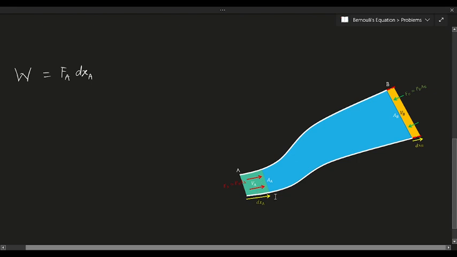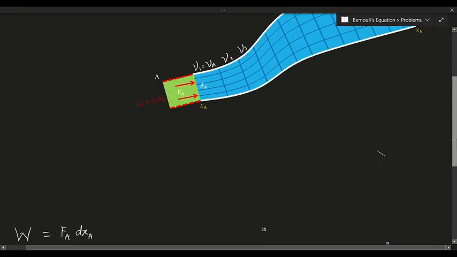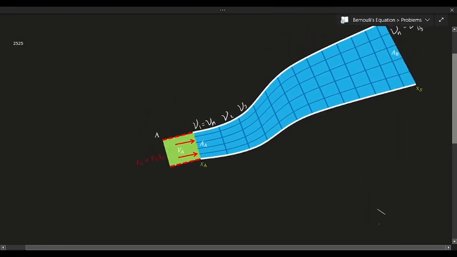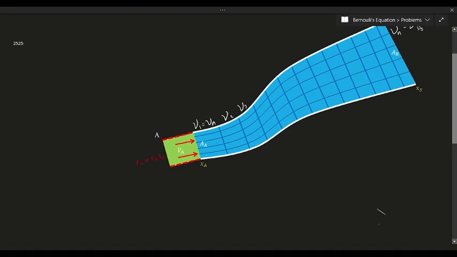So, from liquid element 2 to liquid element n minus 1, the works done on these liquid elements are performed by the internal forces, the forces between the liquid elements as they press onto each other during liquid flow. And these internal forces between the liquid elements follow Newton's second law of motion. These forces are equal and opposite.